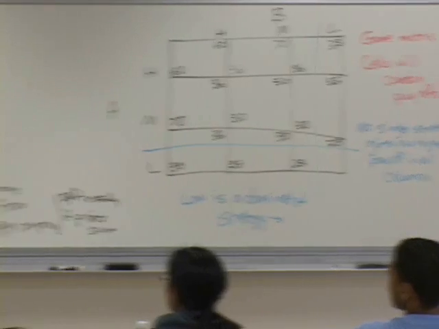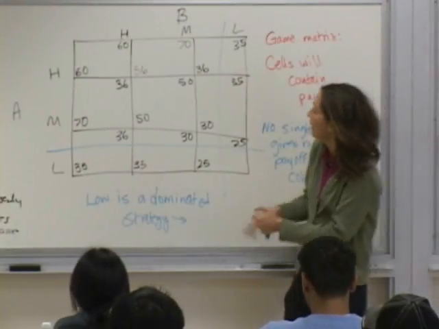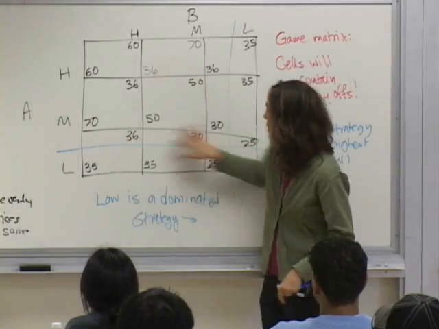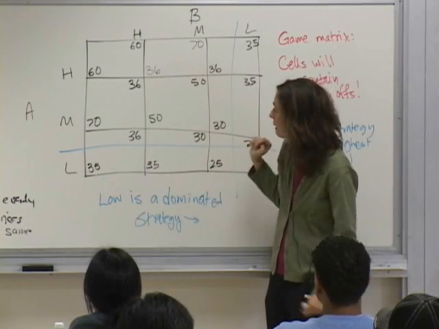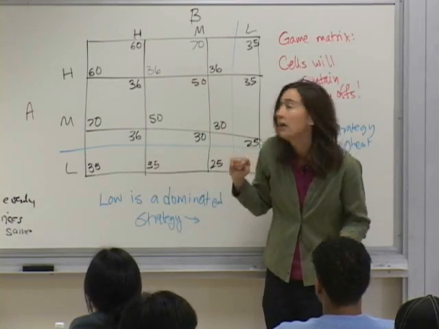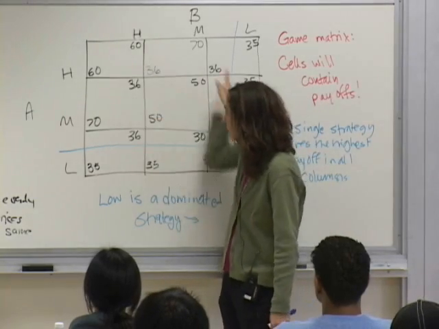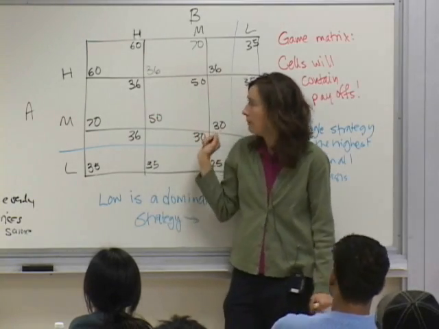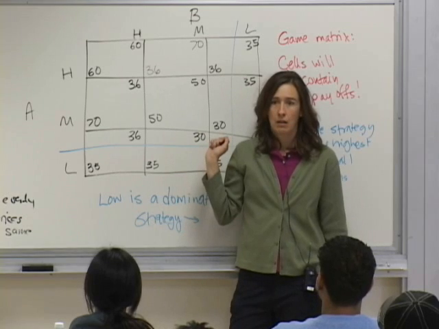Iterate just means repeat. Now we've got this smaller 2 by 2 half-solved game. We're not paying attention to this row or this column. We've eliminated them. Looking there, now in this smaller 2 by 2 game, is there a dominant strategy?